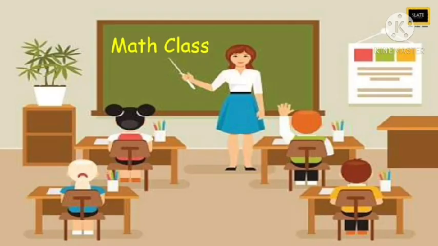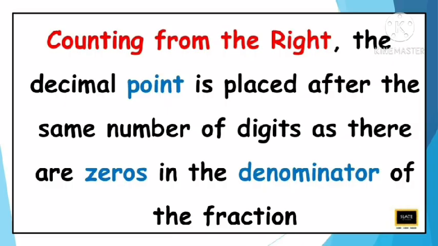Now, if you have noticed that counting from the right, the decimal point is placed after the same number of digits as there are zeros in the denominator of the fraction.